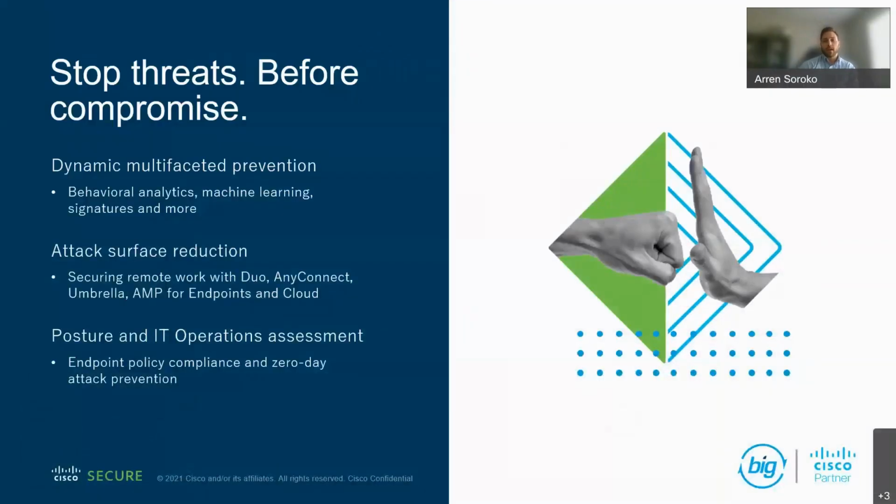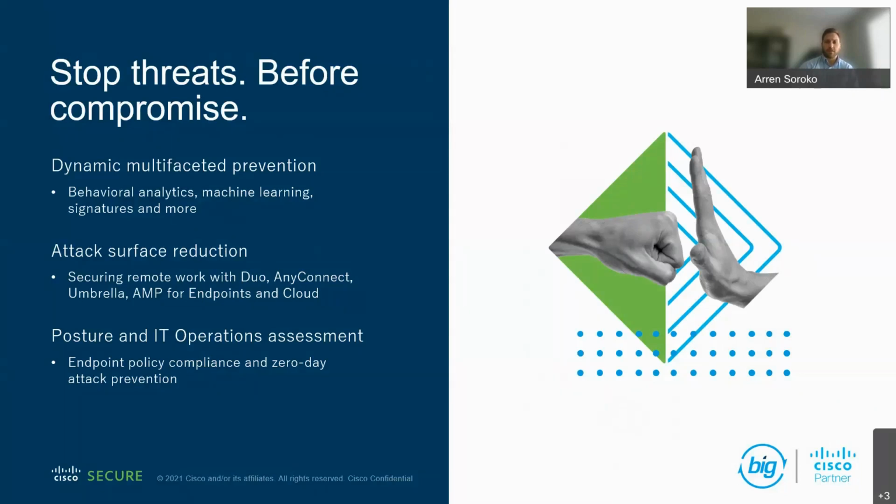So diving back into Secure Endpoint, along with the Cisco security suite, it's designed to help stop threats before they become a compromise, right? And that's really the goal of any security software or any security control that you could put in place. You don't want things to become a compromise. You want it to be detected and dealt with before that point, which is what Secure Endpoint does really well. It takes a dynamic, multifaceted approach to threat prevention, right?